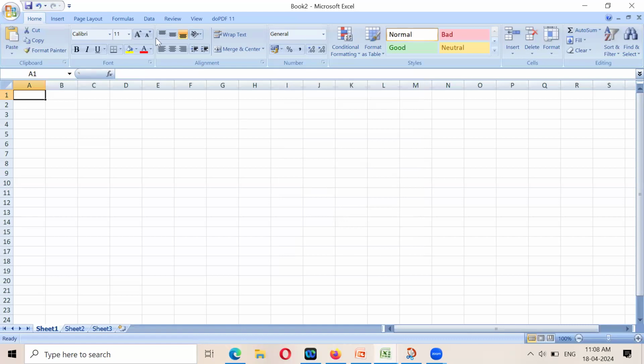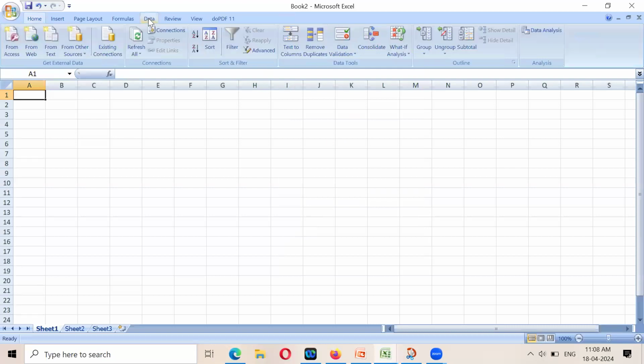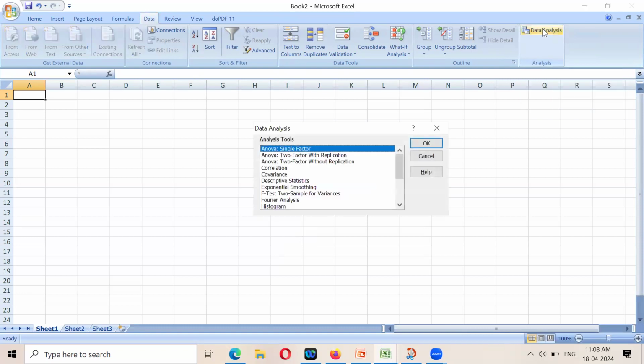Now what you have to do is go to the Data menu. On the Data menu, at the top right-hand corner, you will see Data Analysis. Just click there. A pop-up window will appear.